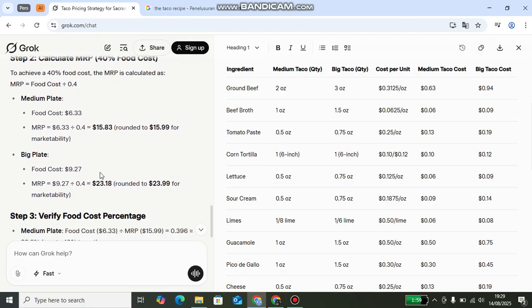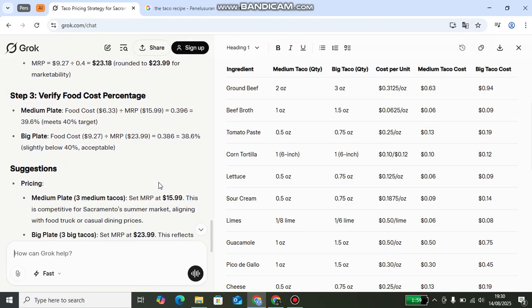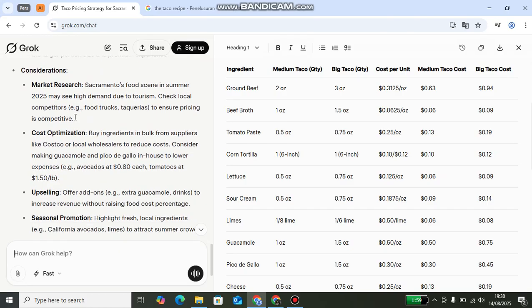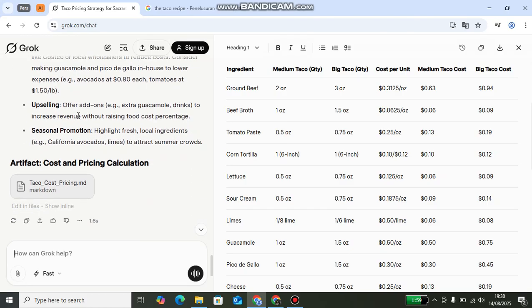And the big plate, you can sell for, let's say, $24. You can also verify the food cost percentage, and the suggestion is already there for you guys.